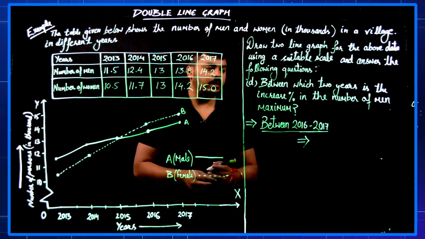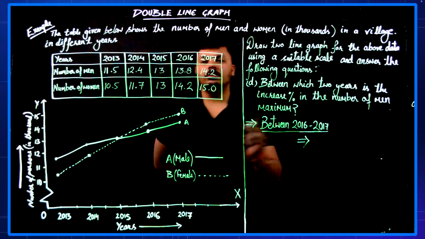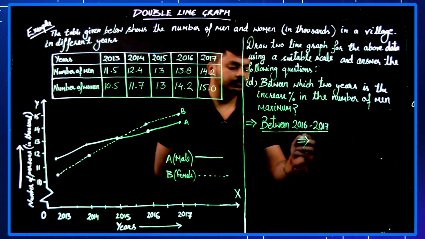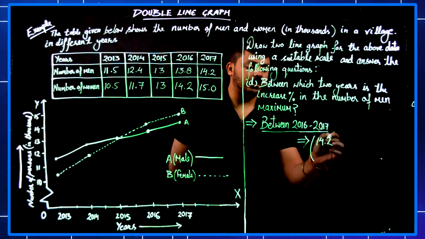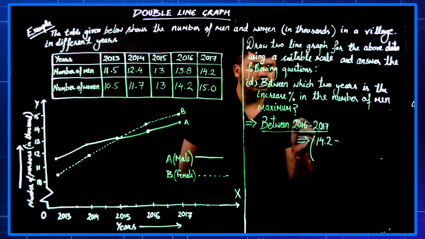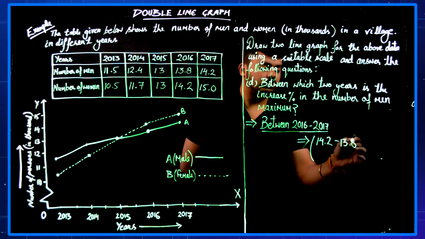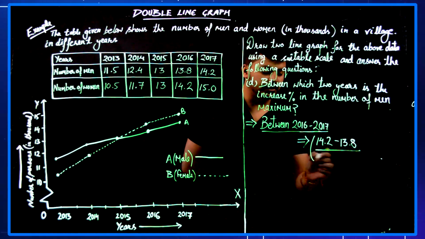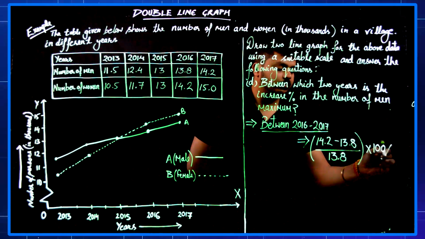The percentage increase in the number of men between 2016 to 2017. In 2017 the number of men is 14.2 and in 2016 it is 13.8. So 14.2 minus 13.8, and divide by the previous year as our base year, that is 13.8, multiply by 100%.